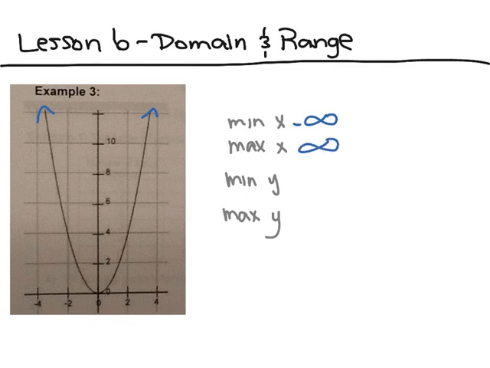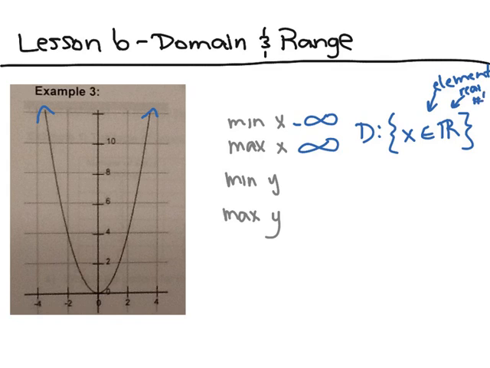So when you have infinity as both your minimum and your maximum, your domain is going to be x is an element of the real number set. And you write it like this. This means element, and this means the real numbers. So all that means is that it'll be every number.